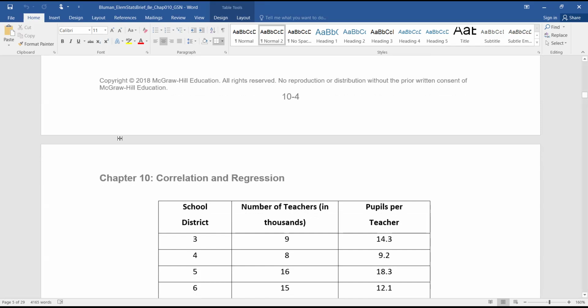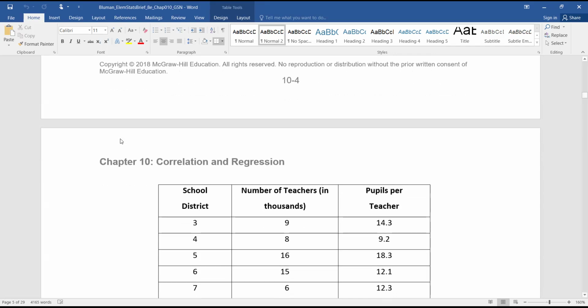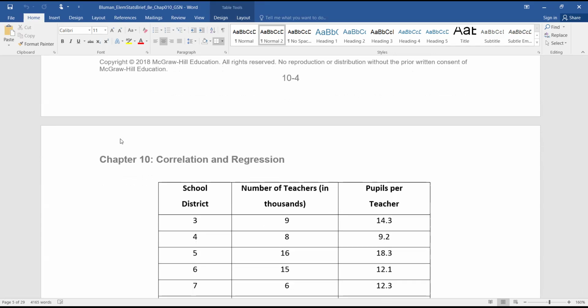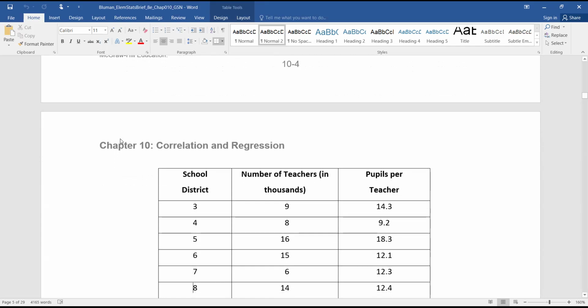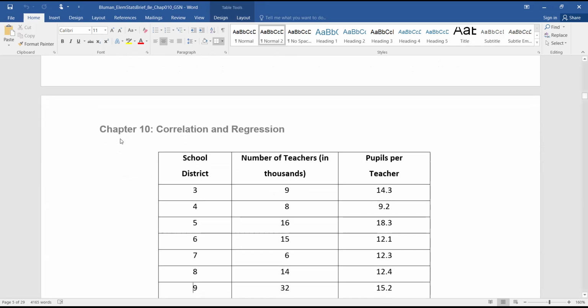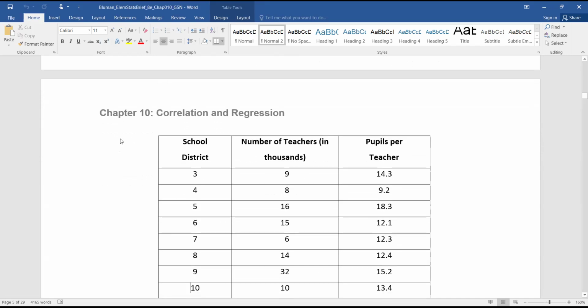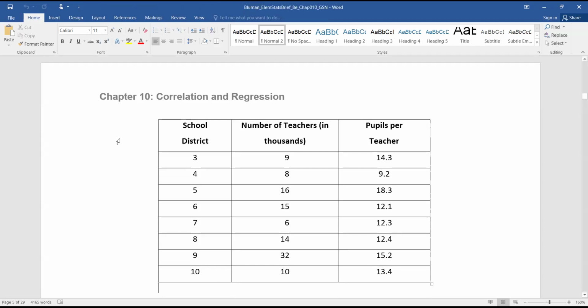District 6 has 15,000 teachers at 12.1 students per teacher. District 7 has 6,000 teachers at 12.3 students per teacher. School District 8 has 14,000 teachers at 12.4 students per teacher. District 9 has 32,000 teachers at 15.2 students per teacher. And District 10 has 10,000 teachers at 13.4 students per teacher.